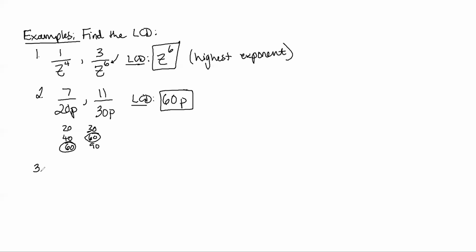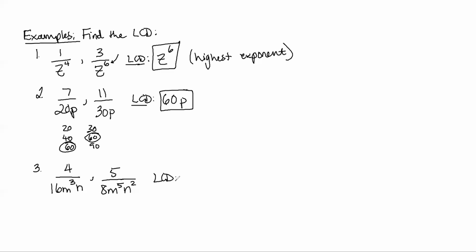All right, let's try number 3. We've got 4 over 16 m cubed n and 5 over 8 m to the 5th n squared. Okay, so again, let's first see, can we factor?